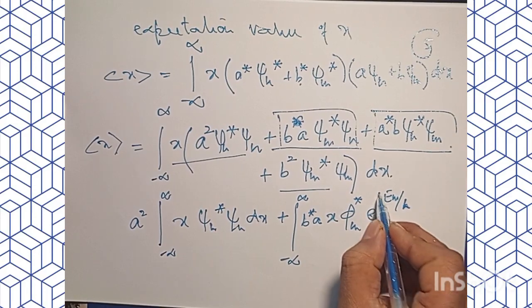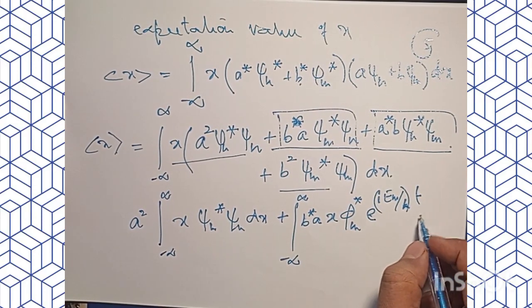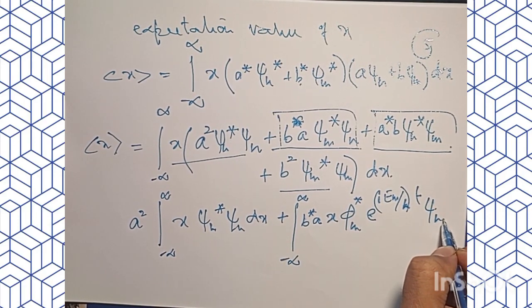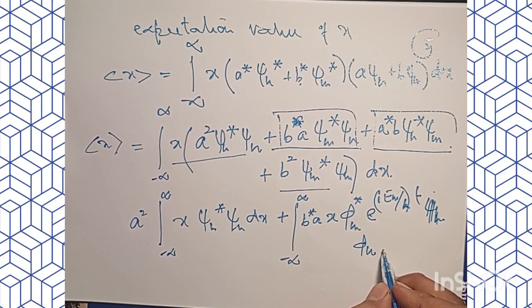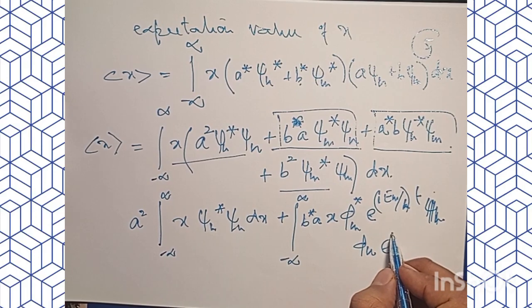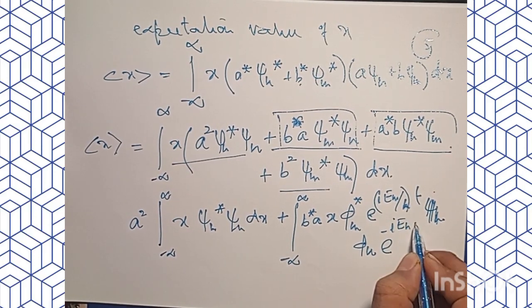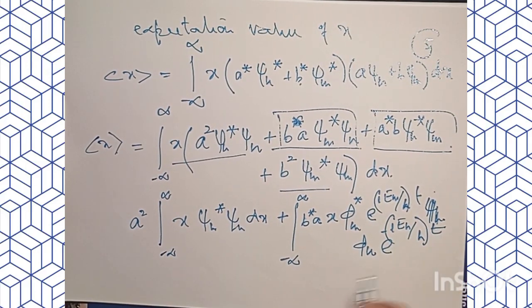Sorry, it's not h cross, it's t. And then we will have this psi n, again it's phi n, so phi n e to the power of minus i E_n by h t. I'm habituated to saying h cross.